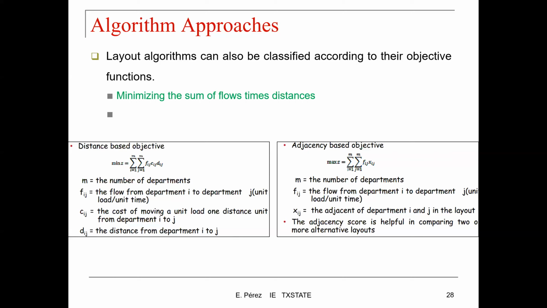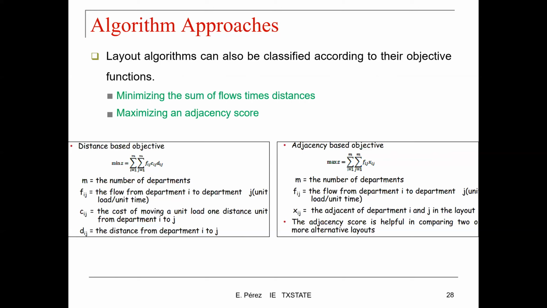So you take into account the flow from department I to department J, and also the cost of moving a unit load one distance from department I to department J. So there's a cost, there's a distance associated, and then you are going to multiply flow, the distance, and the cost of moving that unit. The summation of all those movements for all departments is what's going to define your objective function. And you want to minimize that cost.